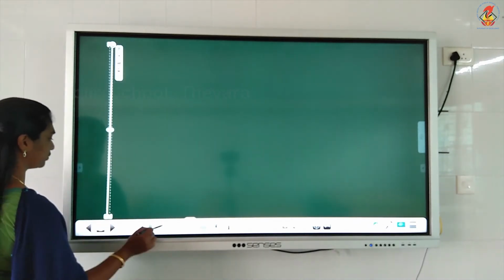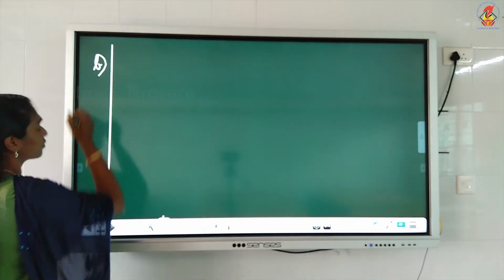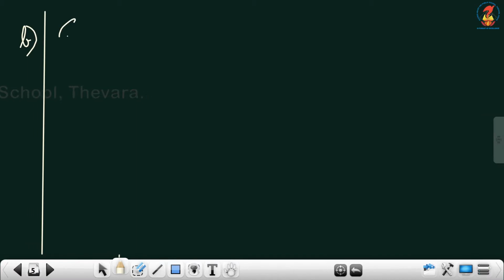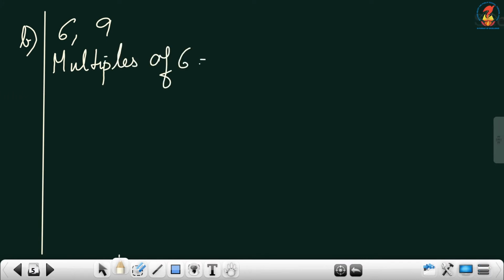Question B. 6 and 9. So, first you will write multiples of 6. Which are the multiples of 6? 6 ones are 6, 6 twos are 12, 6 threes are 18.